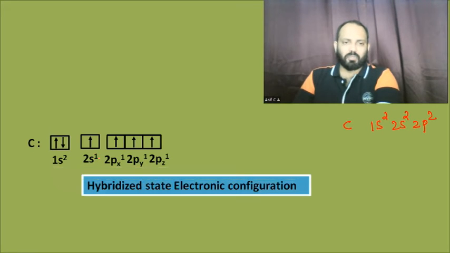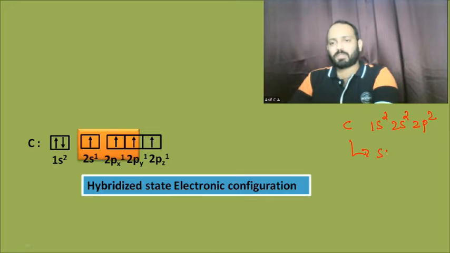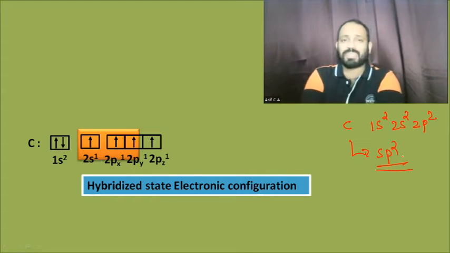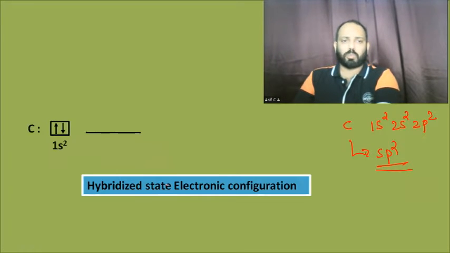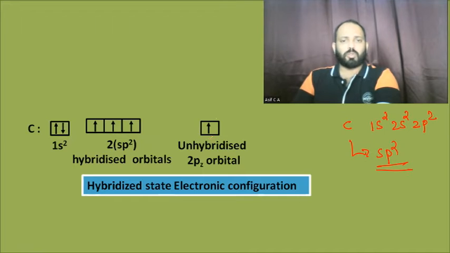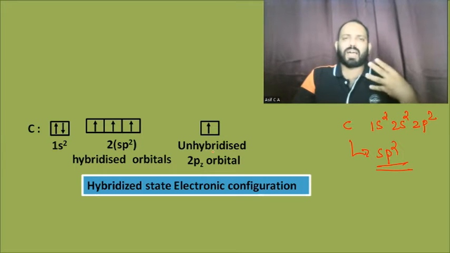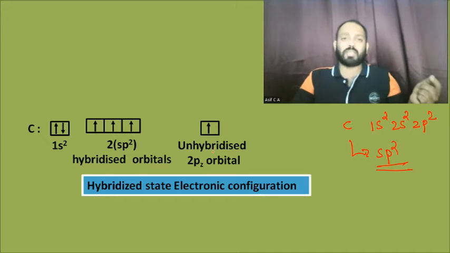So in graphite, carbon is undergoing sp2 hybridization. When carbon undergoes sp2 hybridization, there is a problem: you will be having one unhybridized orbital. In the case of diamond, all 4 electrons participated in bonding, it was sp3 hybridization.